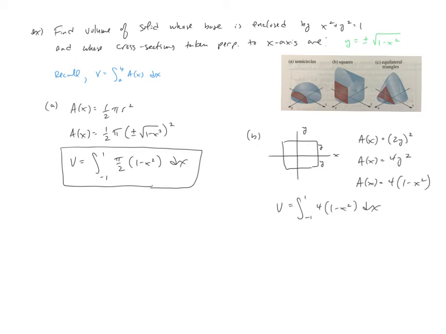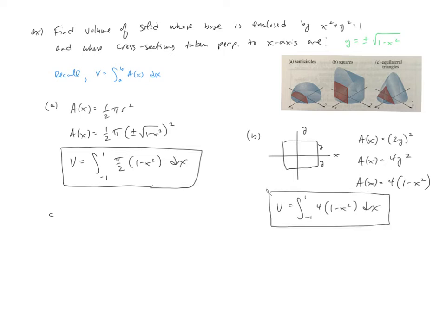This was the first one where we've dramatically changed the A of x formula. We're focusing on a square, nothing to do with a semicircle or a circle like we have in the past. But that's okay, it's the same idea. We want to figure out how to write our area in terms of the variable that we're substituting in for, taking into consideration the actual function that's been given in the problem. So there sits this guy right here.